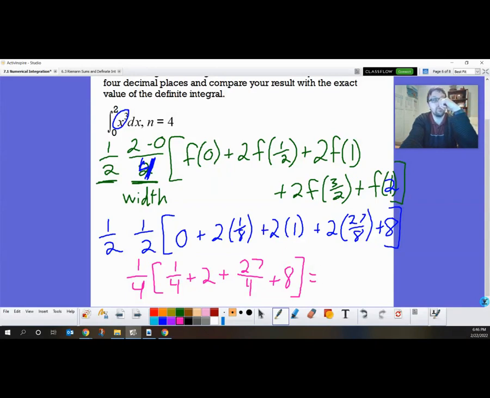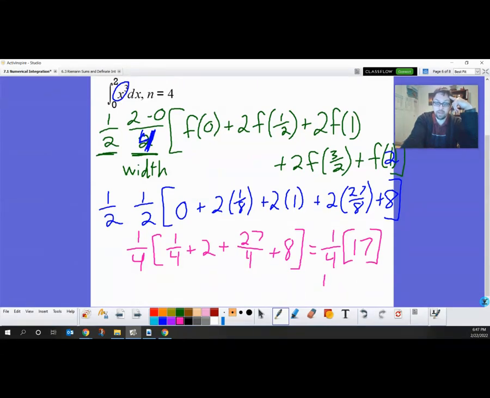So 28/4, that's 7. 28/4 is 7 plus 10, which is 17. Yeah, 17 times the 1/4 that we got in front. I don't know why I didn't write that first. So 1/4 times 17. So we get an approximate area of 17/4.